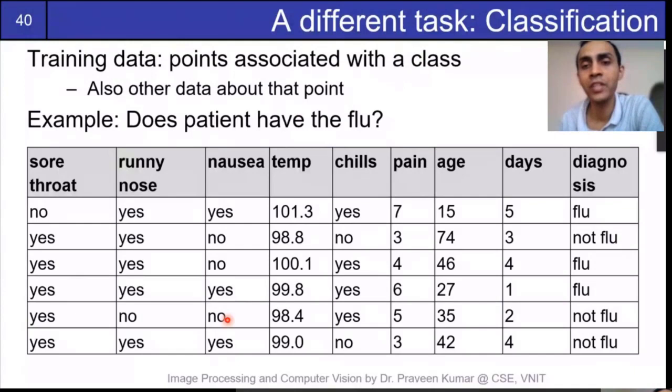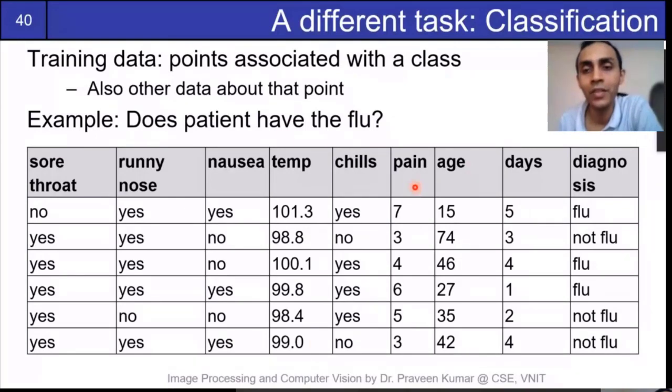An example is shown here. This is an example of binary classification. You have a data set of patients' characteristics, their symptoms. It is relevant in today's current context.